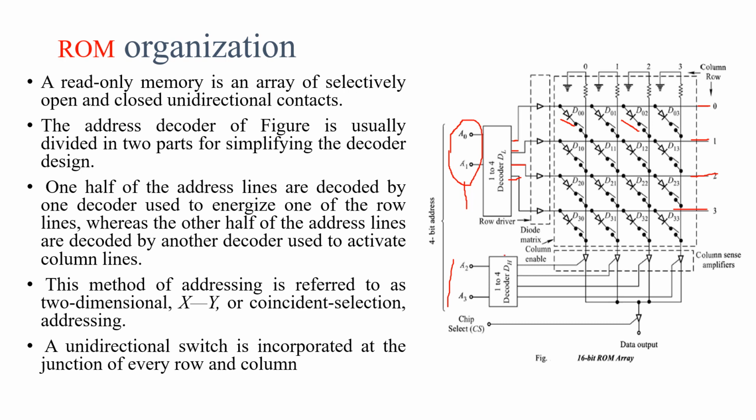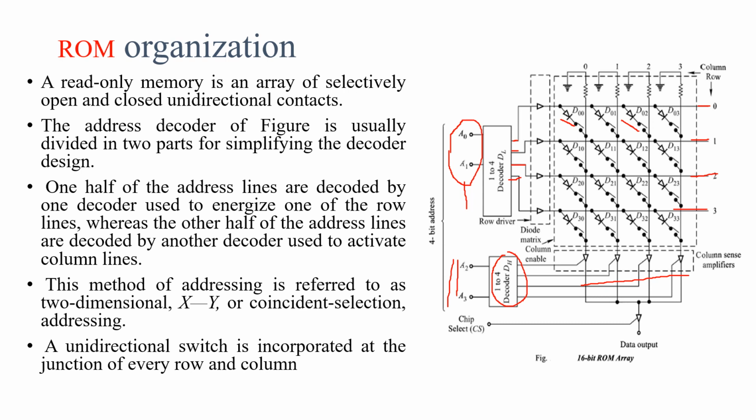This is the upper decoder. Here also two inputs are there. By using two inputs, we can activate one of 4 columns.